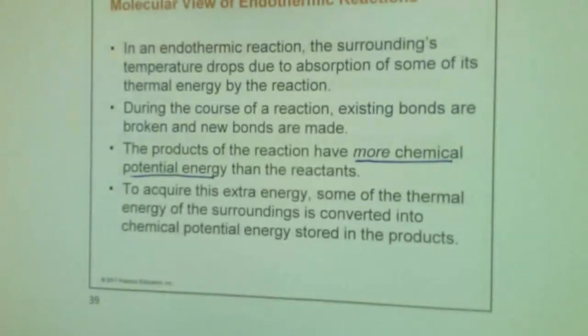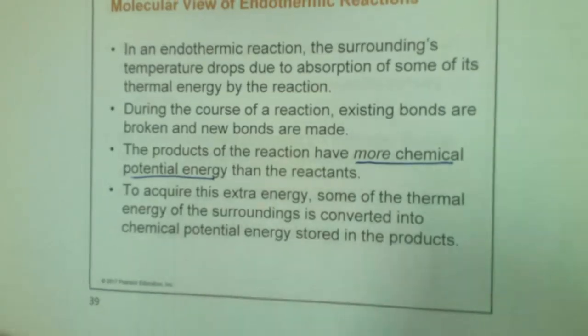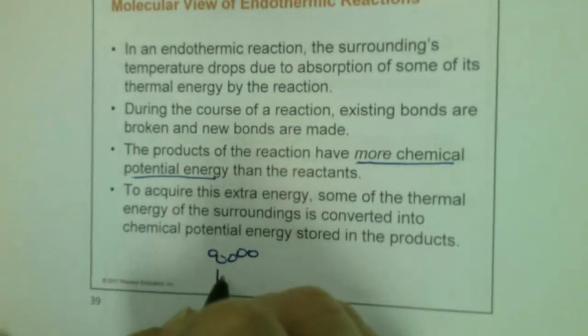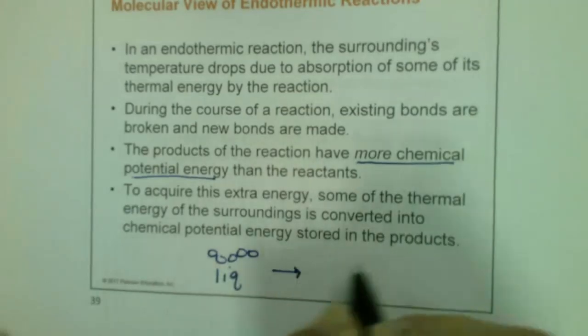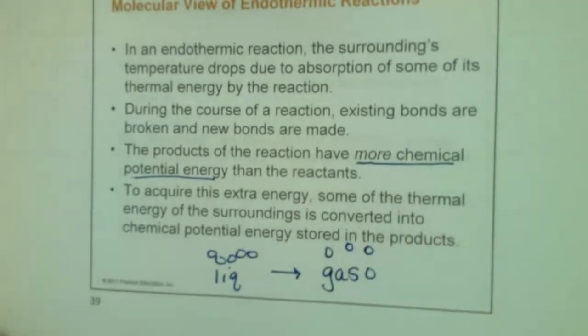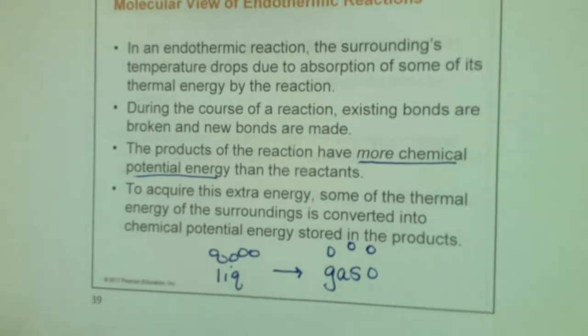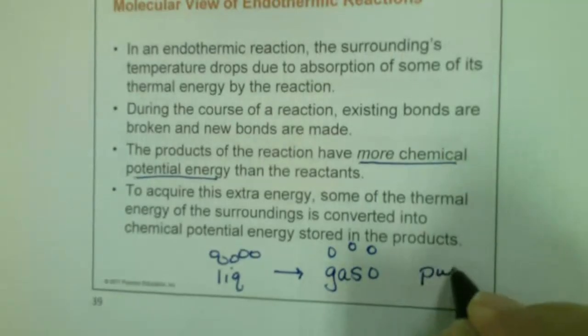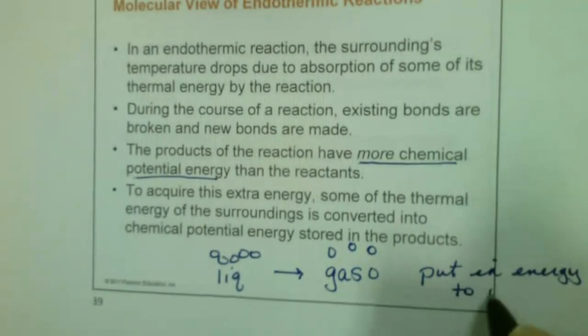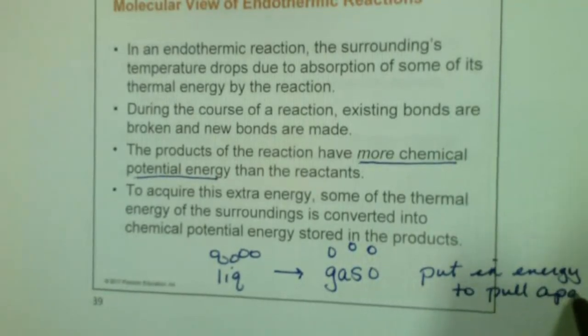So if we're going from a more organized to a less organized, say we're going from a liquid to a gas, okay, we have to pull those particles apart. To pull those particles apart, we have to put in energy.